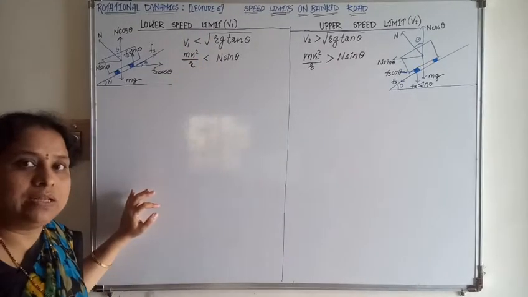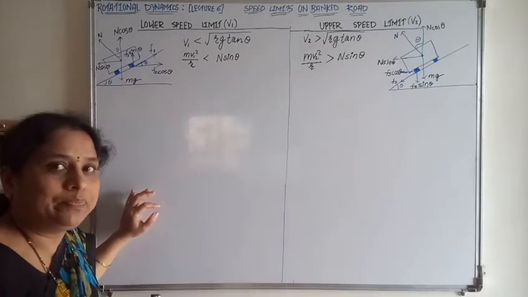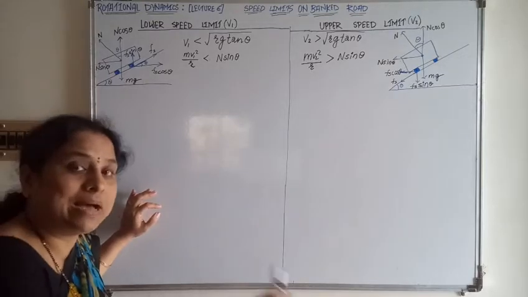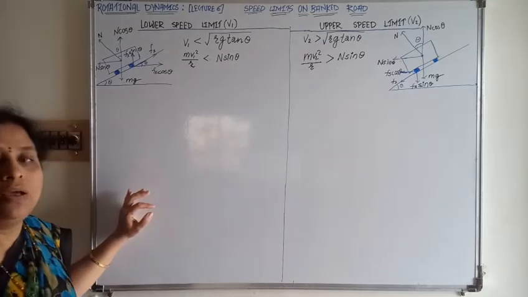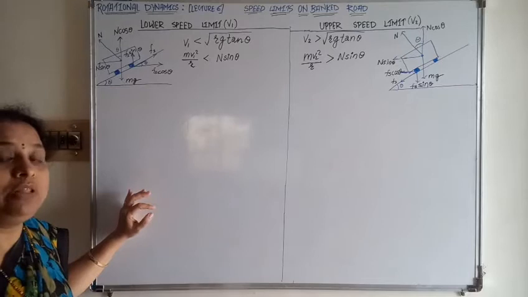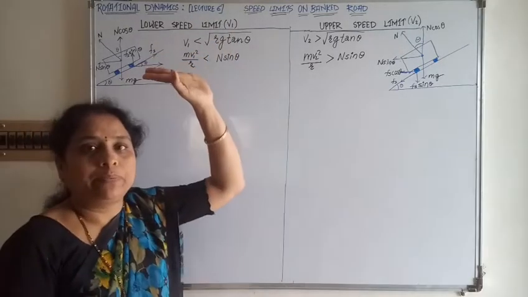Here again we consider the same vehicle of mass m moving on a bank road. Let theta be the angle of banking, m the mass of the vehicle, and R the radius of the bank road. Suppose your vehicle is moving on that bank road with the minimum speed, lower speed, that is V1.